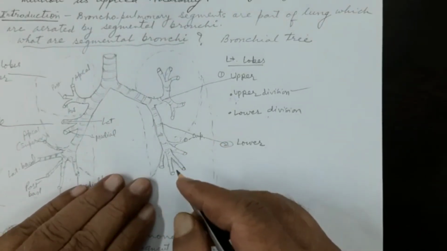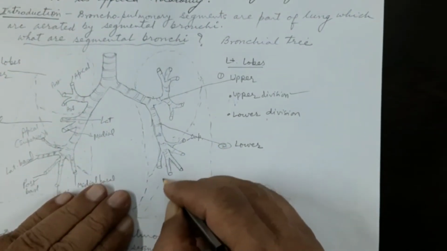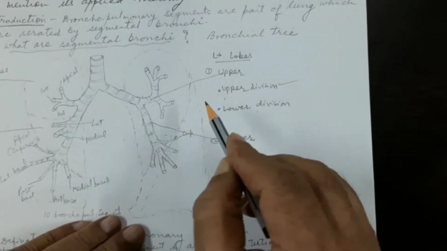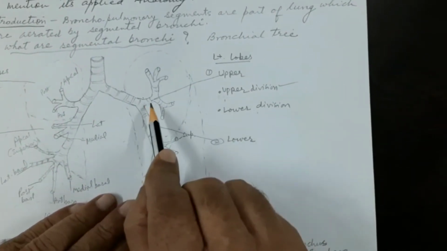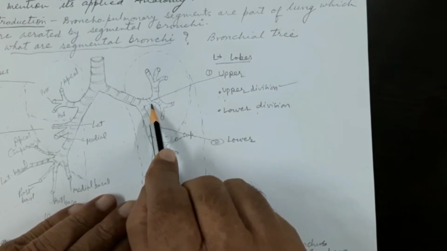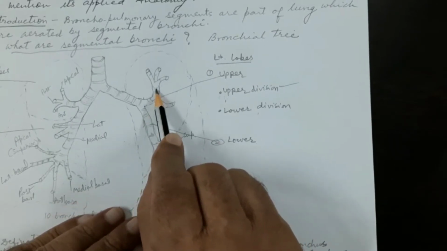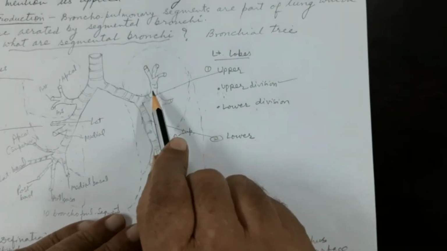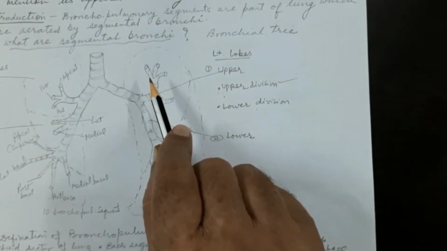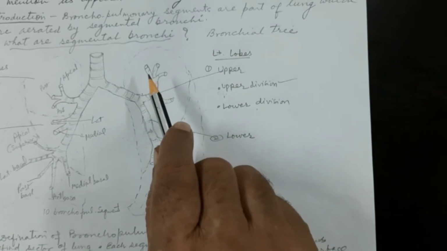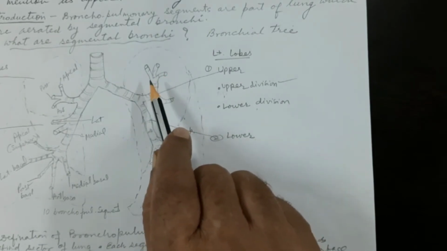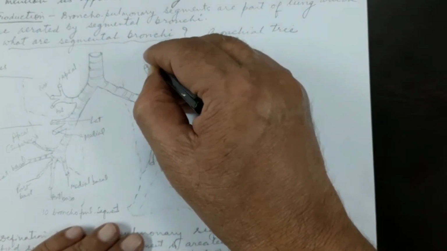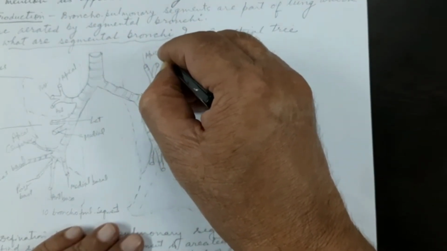Now let us see, this oblique fissure will be here going right up to here. So what you will see here is that if you go to the upper lobar bronchus, which is dividing into the upper division and lower division, let us see its segments. There will be 3 segments coming from the upper division, and one going to the apex is the apical, similar to that of the left.